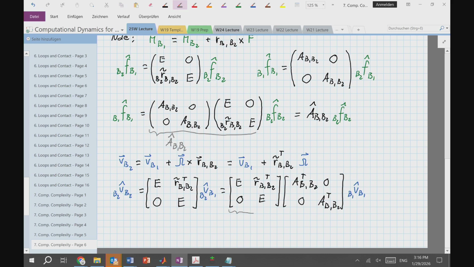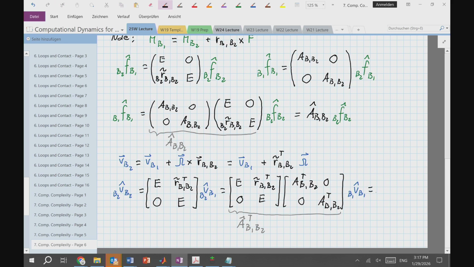And if you look at this and compare it with what we had up there, you immediately see that this is A, B1, B2 hat transposed. Right? Order is flipped and each of the individual matrices are transposes of each other.